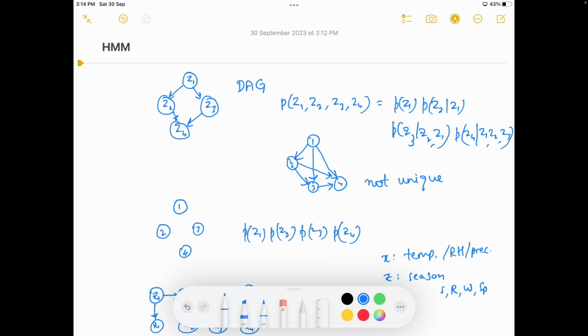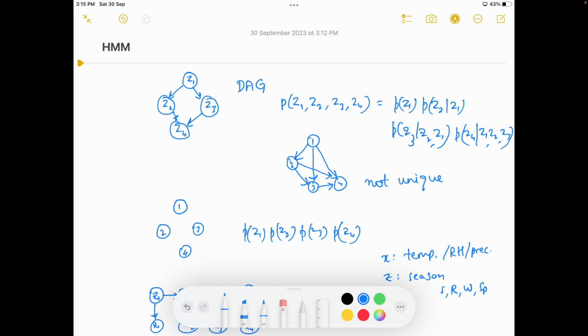Given the parents, the child is independent of its grandparents or super grandparents, but not of its children. So for Z2, if Z1 is given, it is also independent of siblings, but it is not independent of the children.